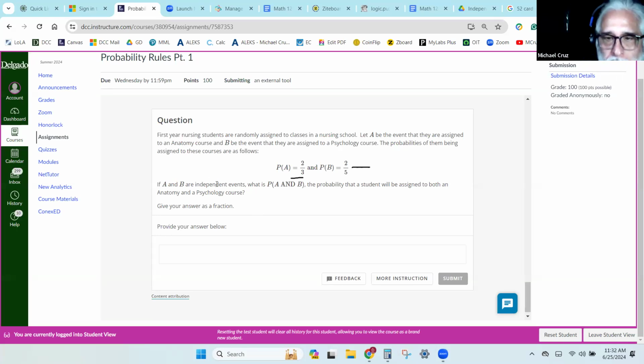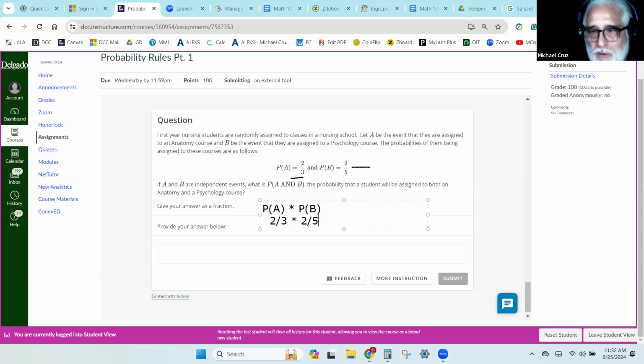All right. So if A and B are independent events, then it's simply going to be 2/3 times 2/5.